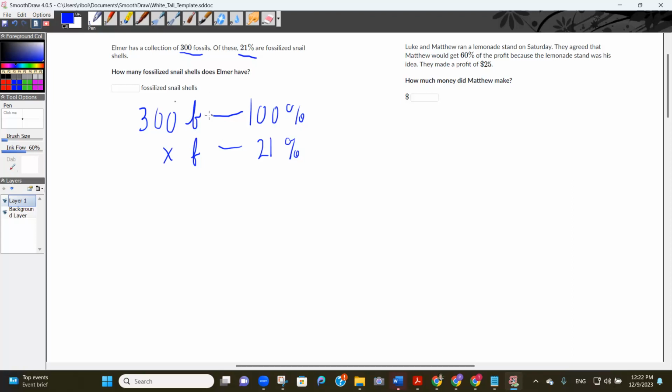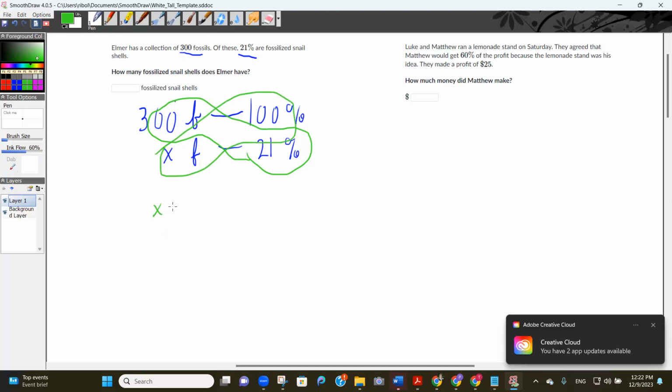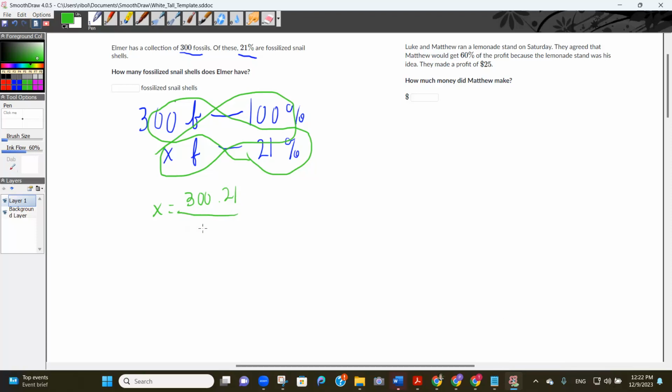Then we do the cross product: 300 times 21 divided by 100. So x equals 300 times 21 divided by 100, and that is what is going to give us the appropriate percentage using the rule of three.